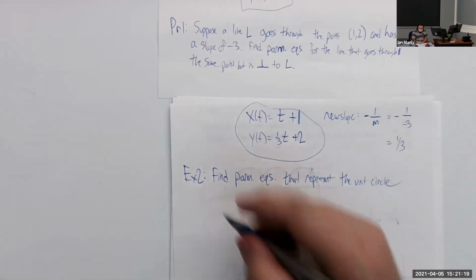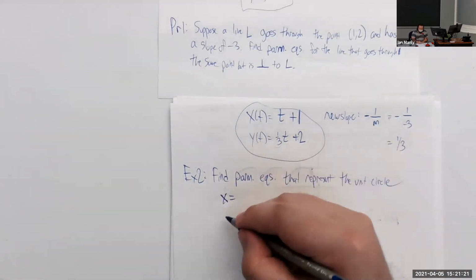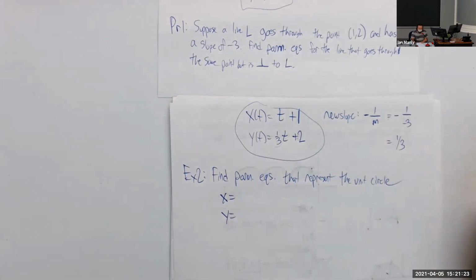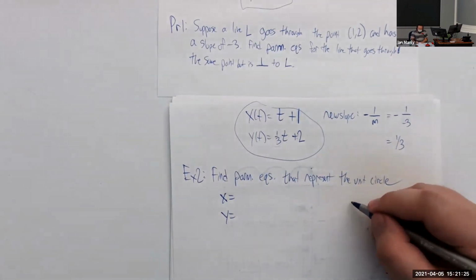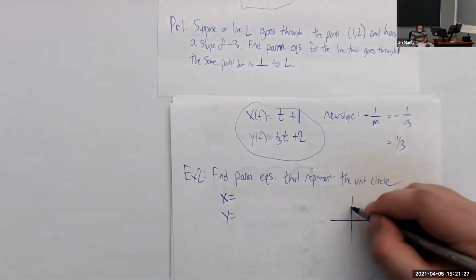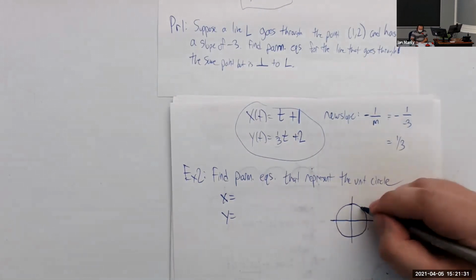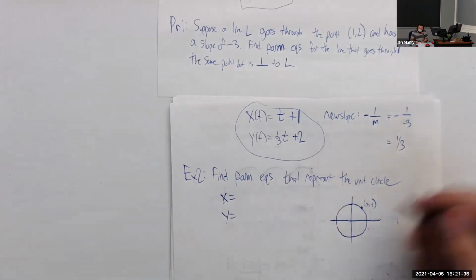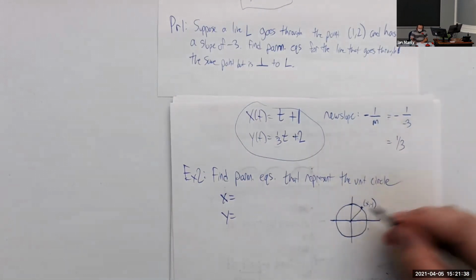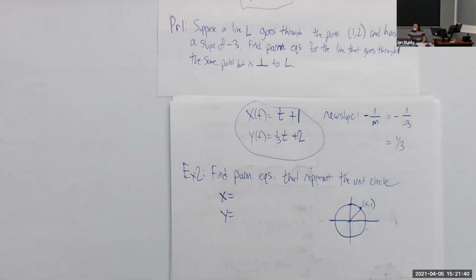All right, so let's see here. I need x to be some kind of function. I need y to be some kind of function. Now let's see here. We draw our unit circle. Let's say we have a point x and y on the unit circle. What's usually the name for the x coordinate on the unit circle?